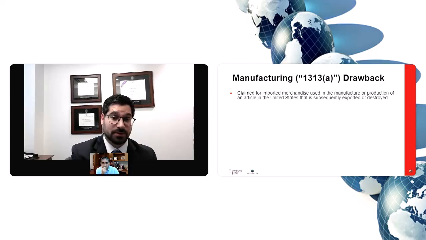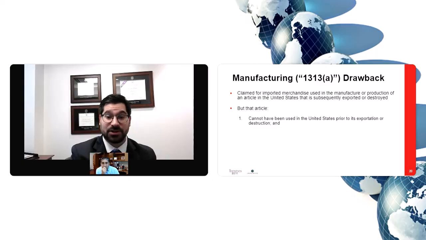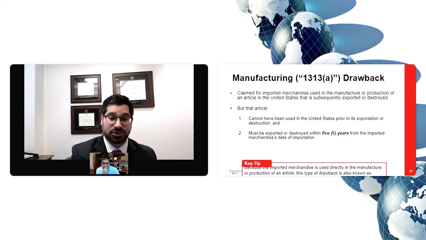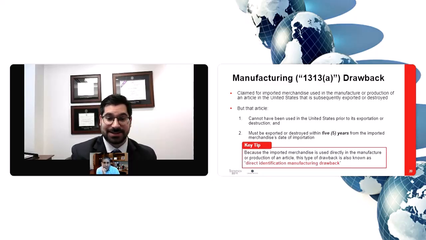But that article, first of all, cannot have been used in the United States prior to its exportation or destruction. It must be exported or destroyed within 5 years from the imported merchandise's date of importation. Because we are tracking the imported merchandise directly here, not substituted merchandise, this type of manufacturing drawback, 1313A, is sometimes also known as direct identification manufacturing drawback.